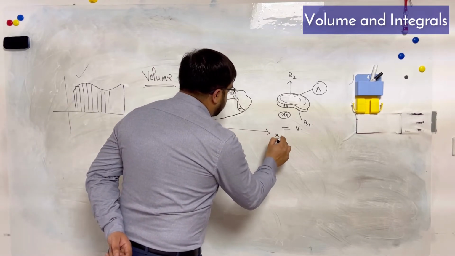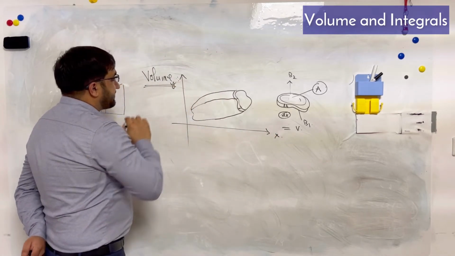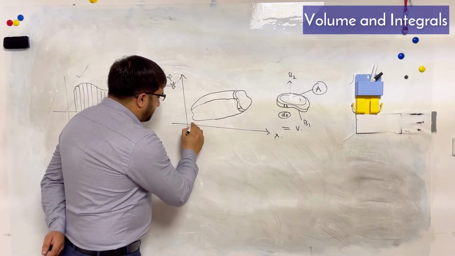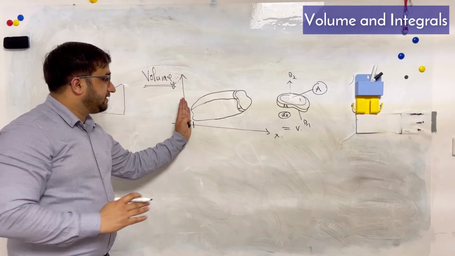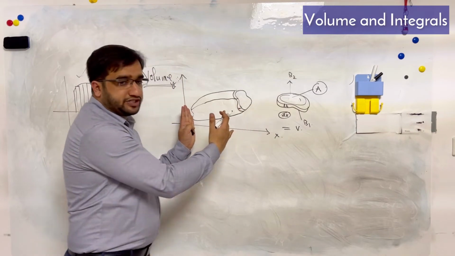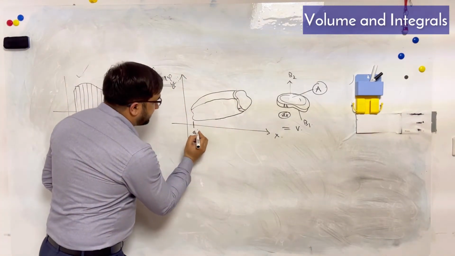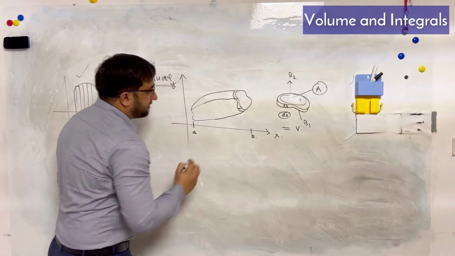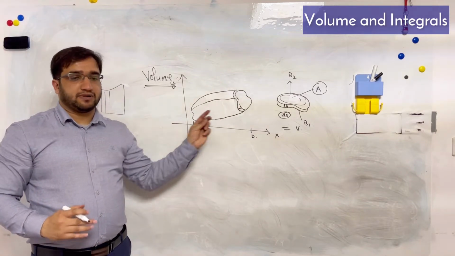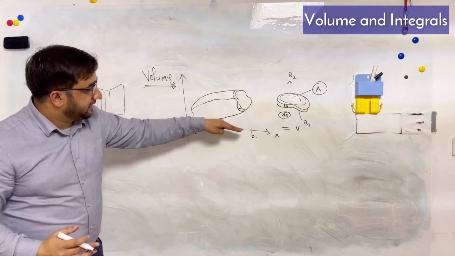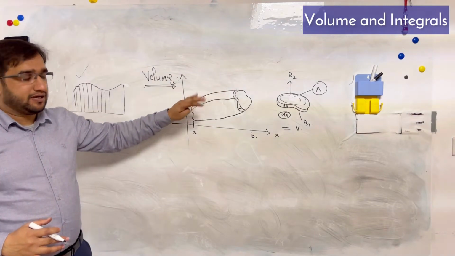This is the x-axis, this is the y-axis, and I know these two are the boundaries of this whole shape. So this is my point A, and this is my point B, right? Because this is the total boundary of this shape. In between A and B, I have to figure out the volume.